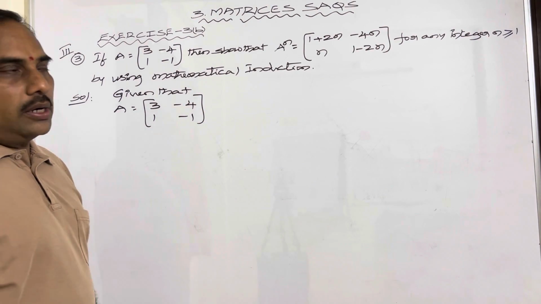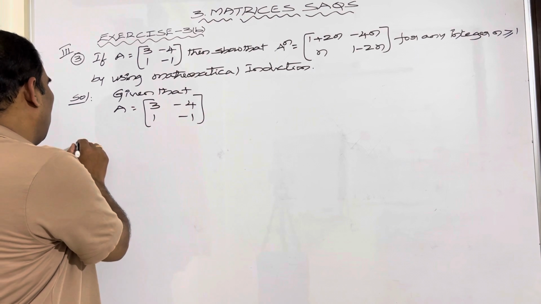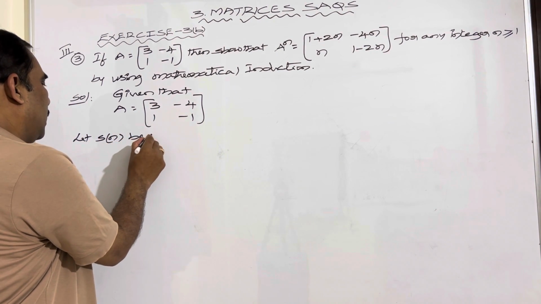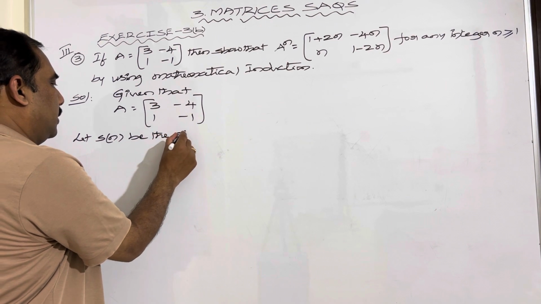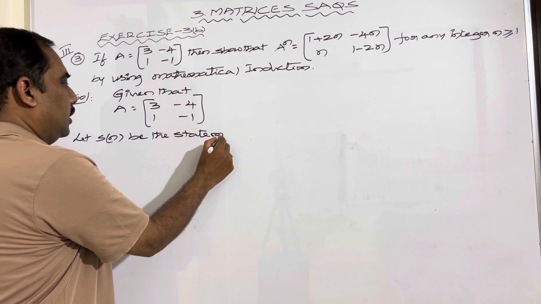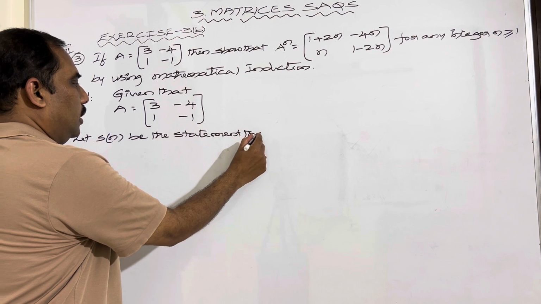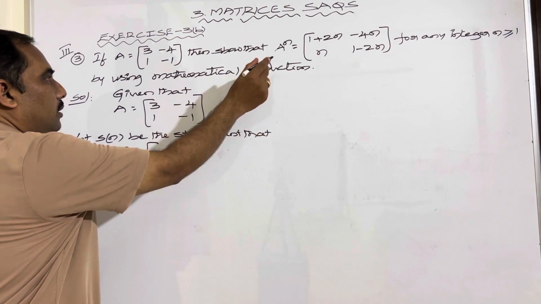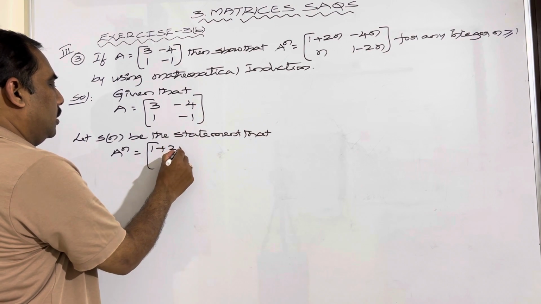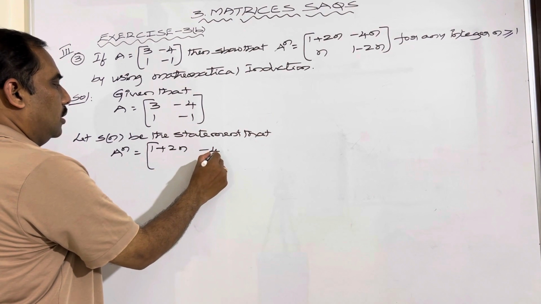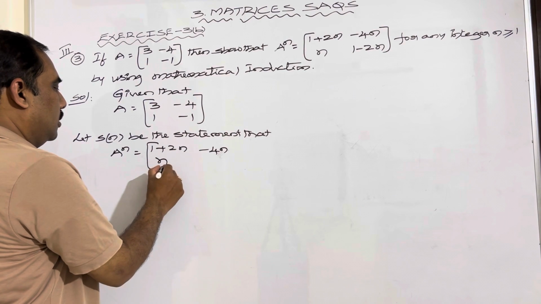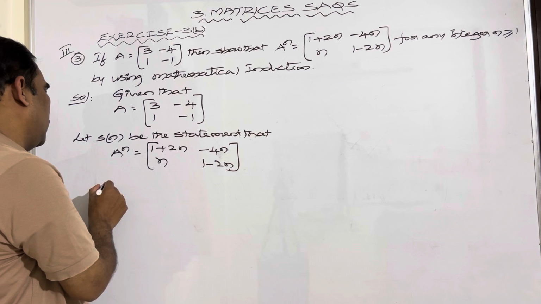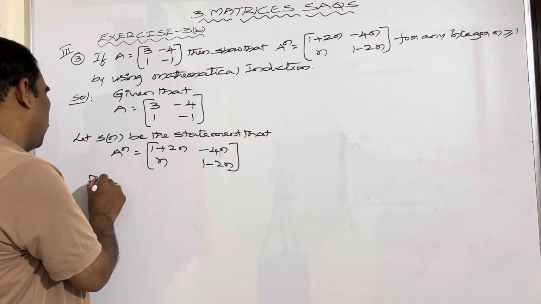By using mathematical induction, the process is, first you have to take that, let S of n be the statement that A to the power of n is equal to [[1+2n, -4n],[n, 1-2n]].